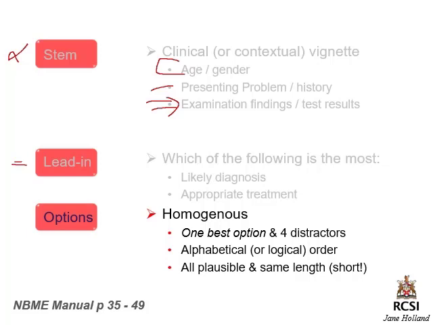And of those 5, one should be the best option and the others could be plausible. You might have the second line and third line antibiotics in there, but one of them should be the best option, standing out a little bit from the others, but the other 4 could be plausible. But that's how to write it: stem, lead-in and options.